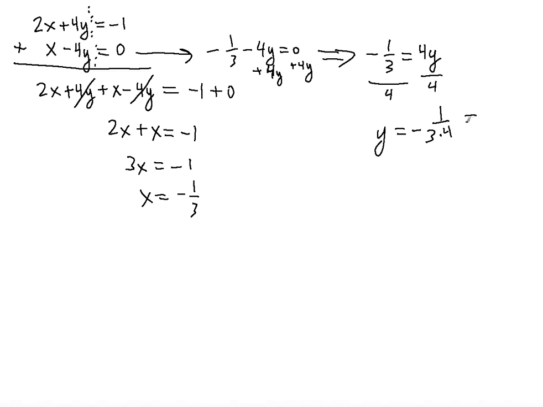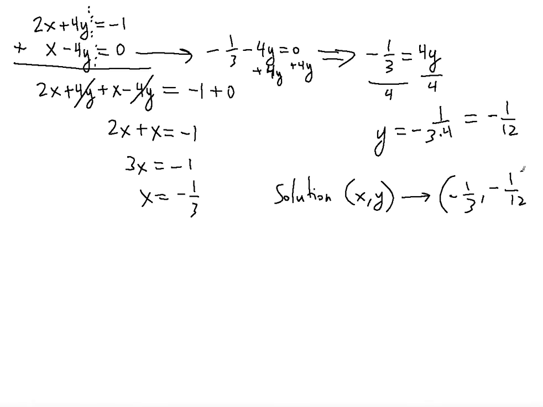As a result, y is equal to negative 1 over 12. Your solution is (x, y) equals (negative 1/3, negative 1/12). If you want, you can check this in the first equation to make sure that it's correct, if you have time on the exam.